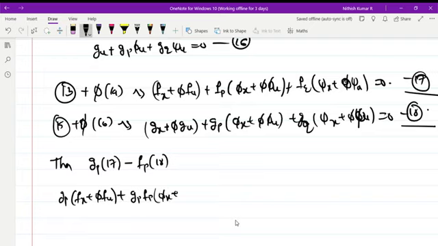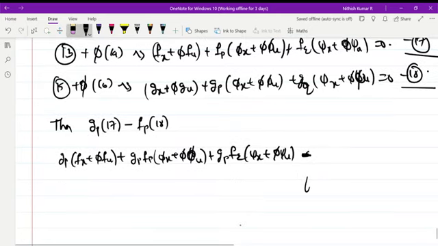We shall name this 17, and this is equation 18.